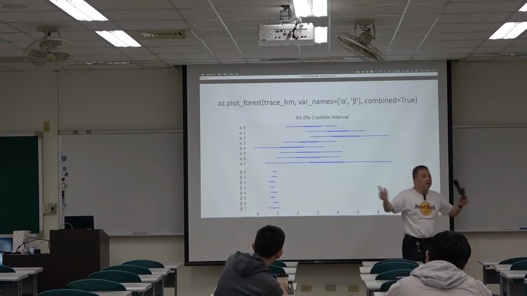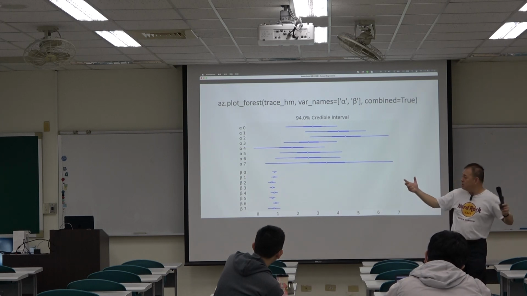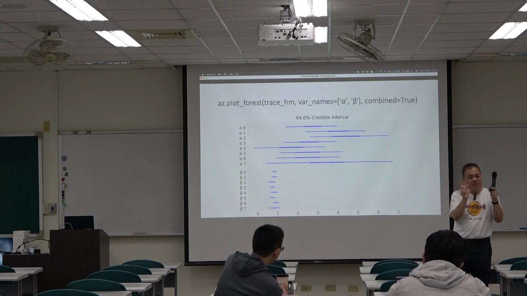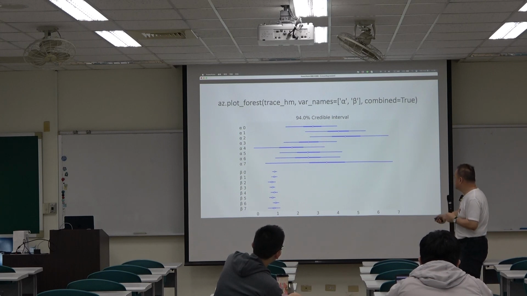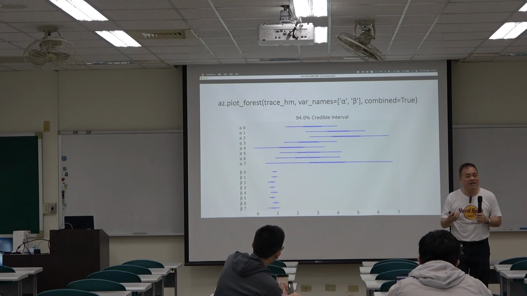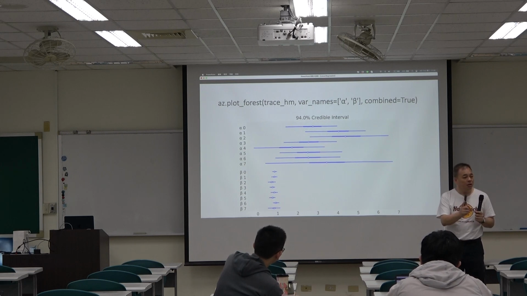Originally, because the scale was so big, the other groups' ranges collapsed into a single point. But now you can see that, obviously because the other groups have more data, their ranges are still narrower than the last group's.